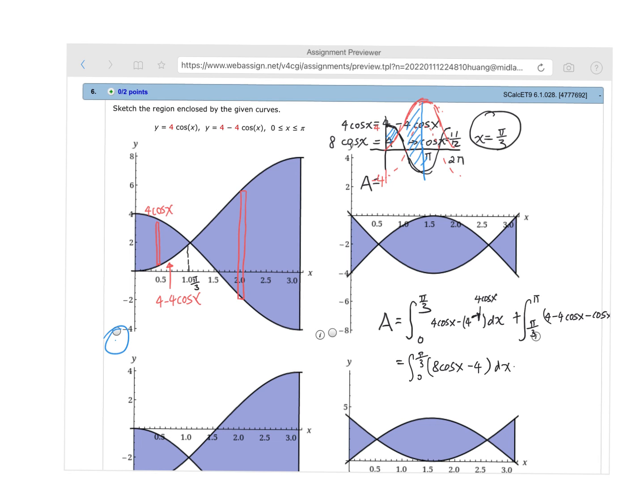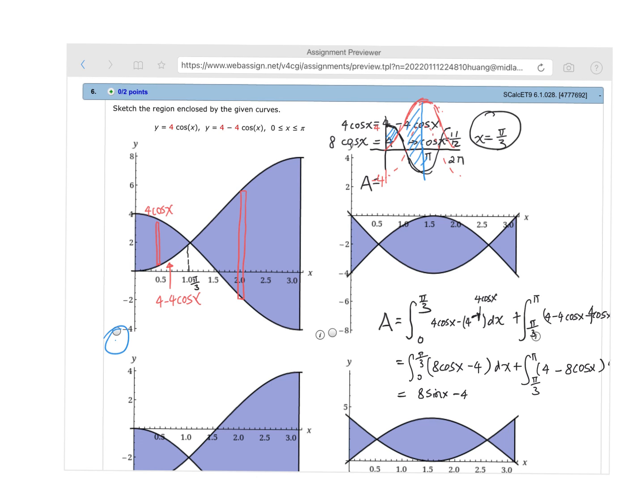That's the first integral. The second one is from pi over 3 to pi. We have 4, this is actually minus 4 cosine x there. So 4 minus 8 cosine x dx. And the integral of 8 cosine x is 8 sine x.